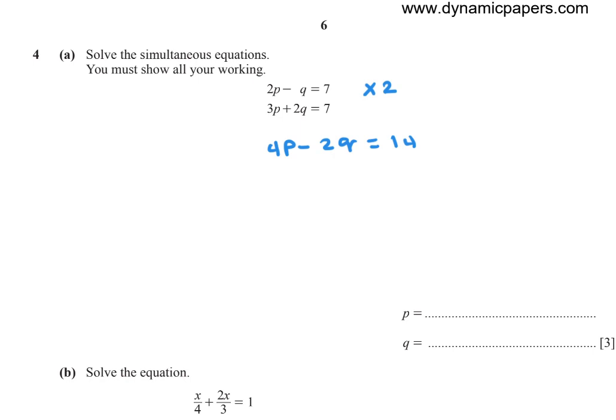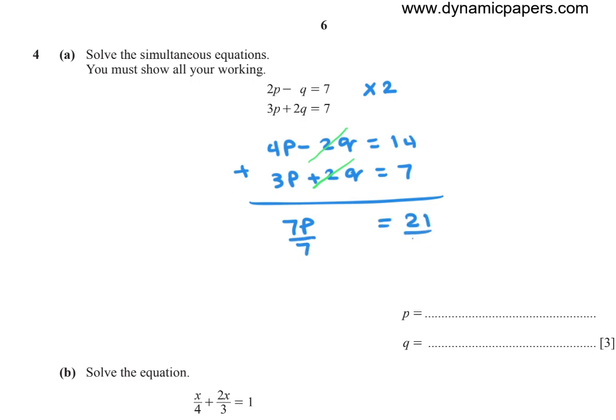The second equation is the same, 3b plus 2q equals 7. Now if we add, we eliminate q because negative 2q and positive 2q cancel. So 7b equals 21. Now divide by 7, so b equals 3.